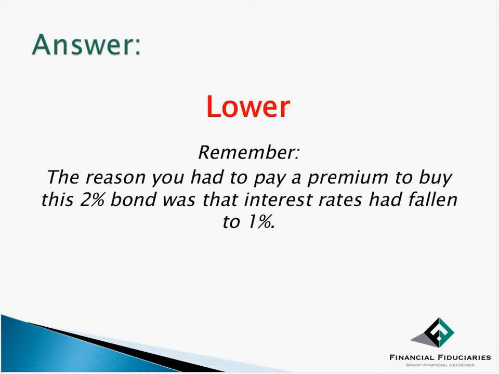We're investing more than $100,000 to get 2%, so it stands to reason that the yield would end up being lower on that $103,000 than it would be on $100,000. And that's the reason that you had to pay a premium to buy this bond, was that the interest rates had fallen down to 1%, so our yield to maturity is going to be lower than the 2%.